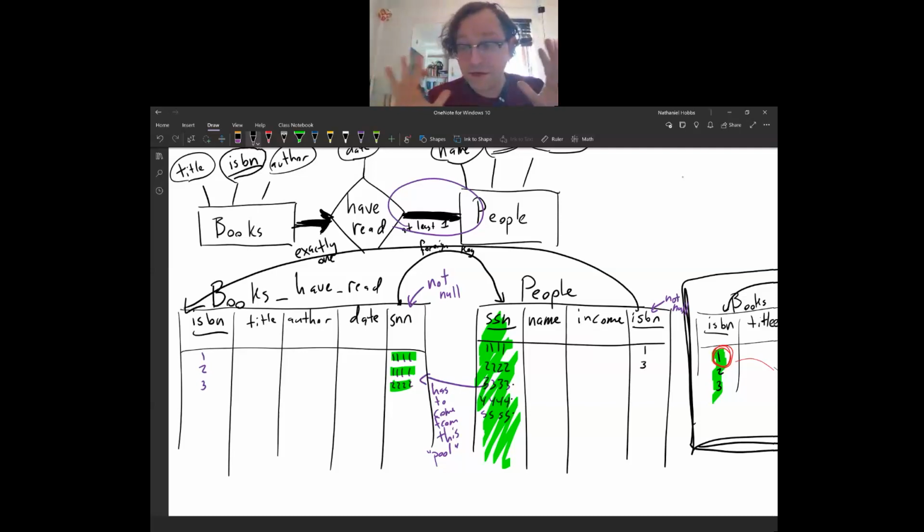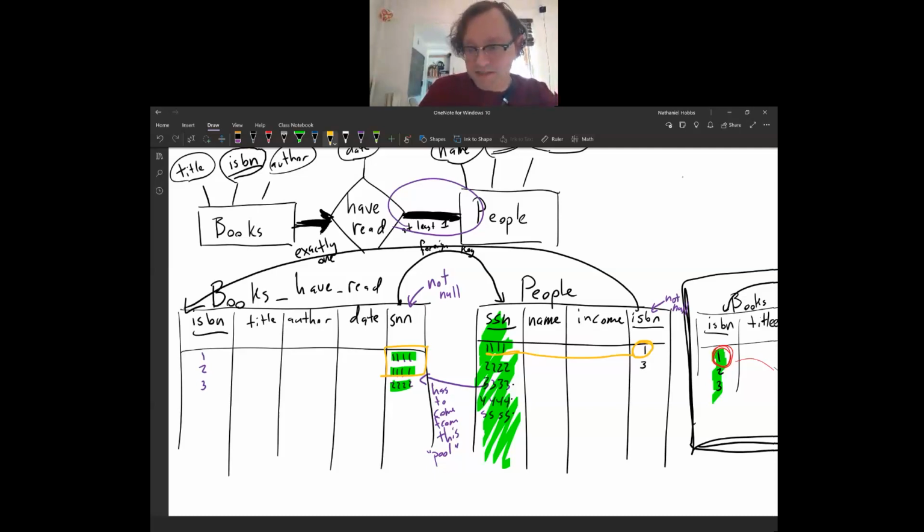Now notice there's a little bit of a difference between these. Here, 1111 has actually read 2 books that we can see here, but we're only recording one of them in the people table, because we only need 1 to ensure that this person has read at least 1. If you want to know all of the books that they read, you can visit the books have read table.